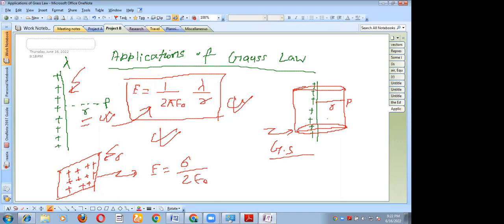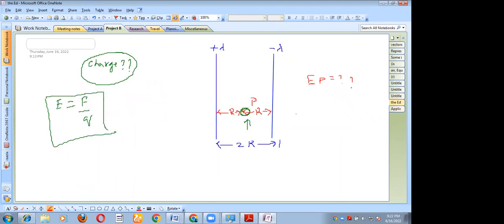So here in this case, we will directly apply the formula. Actually, this is the line charge. And we know that if this is positive charge, electric field always will be away from the charge. So due to this line charge, electric field will be towards right, and this is negative charge.